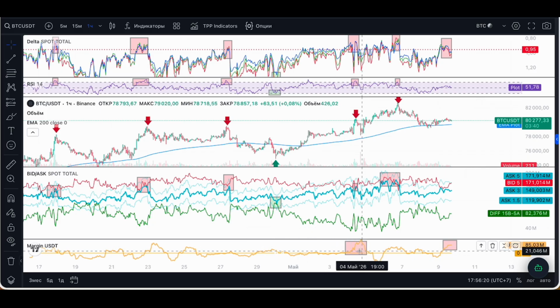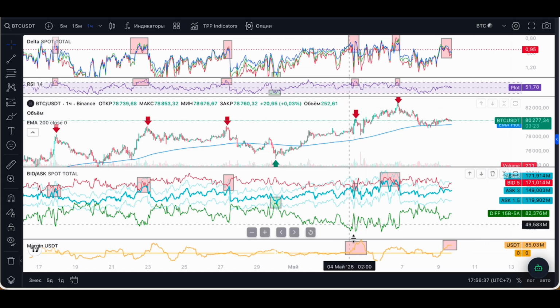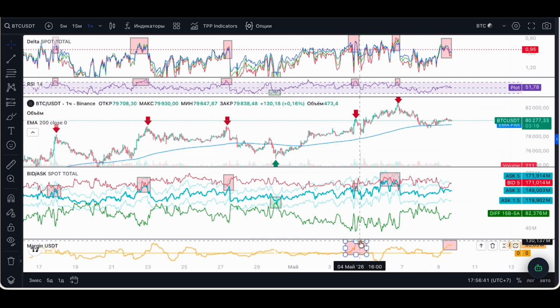So this is not an indicator of when to go in; it shows when not to go into a position. With a high probability the market maker can liquidate them, so when a lot of USDT is borrowed, it's not a good idea to go long.